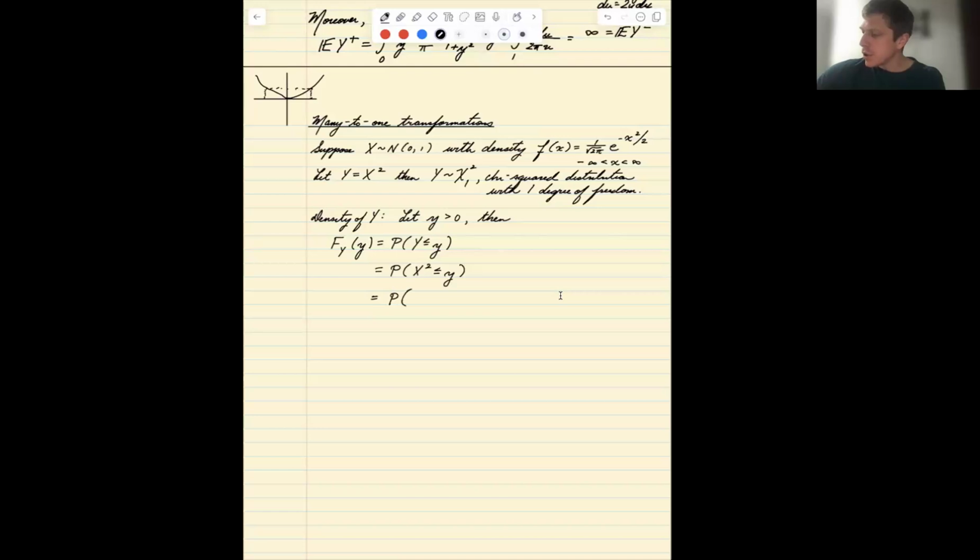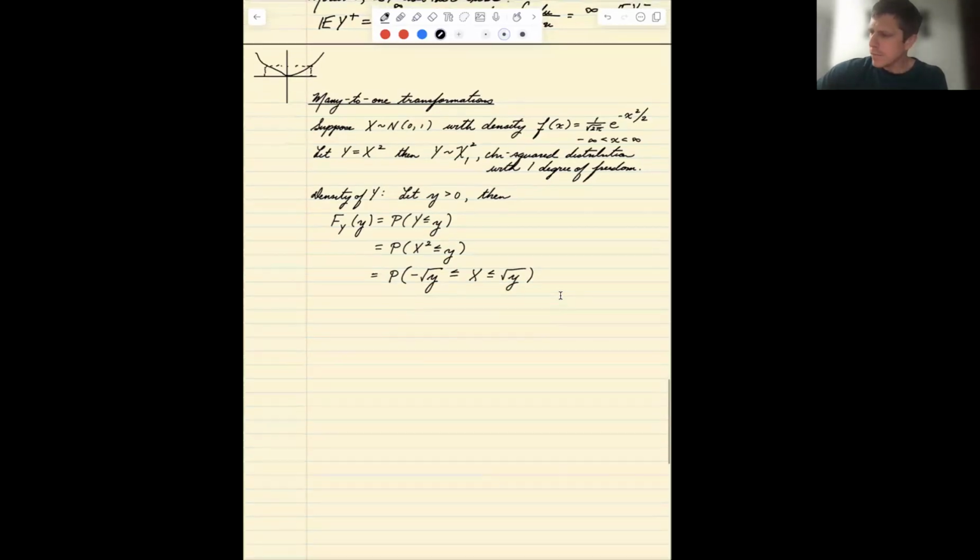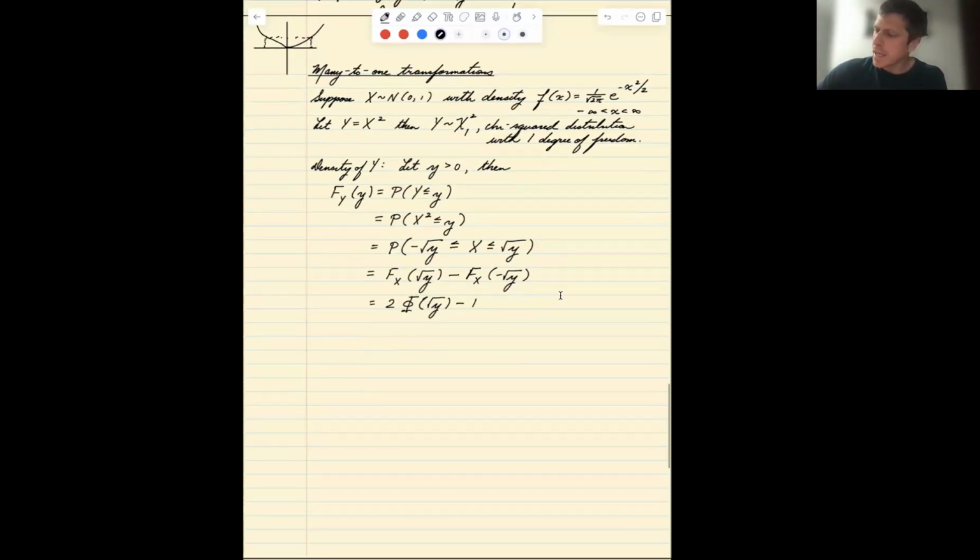Well, this happens as long as x is between minus square root of y and plus square root of y, which we can express in terms of the distribution function of x in this way.